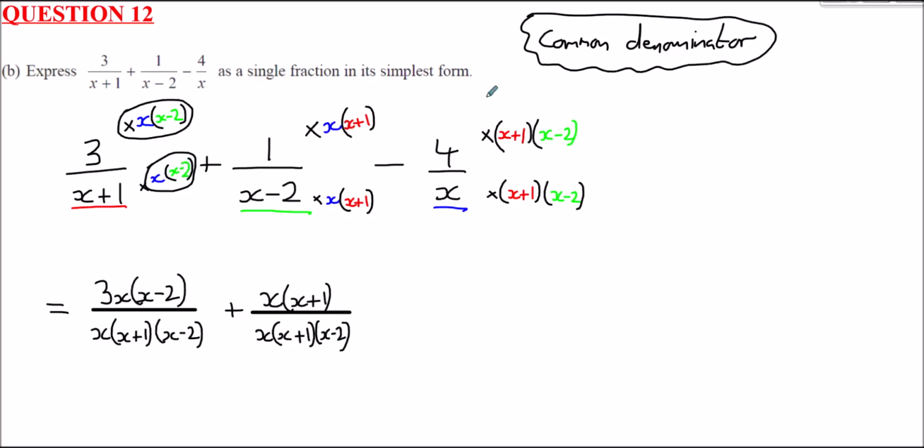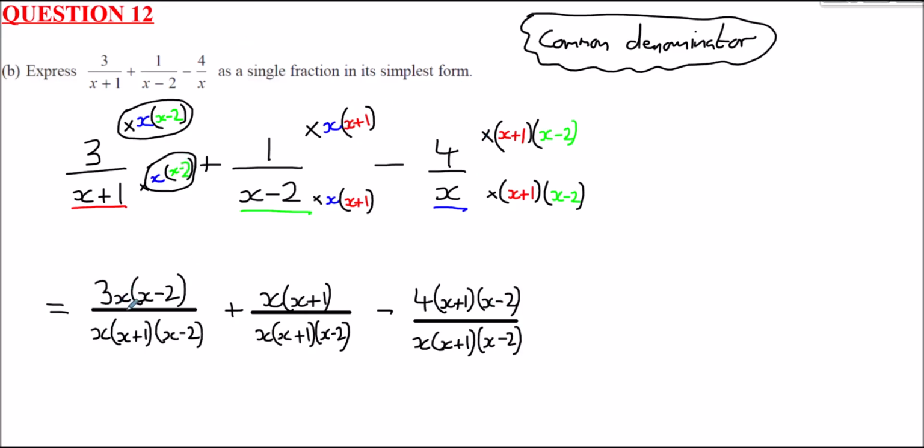And finally, this fraction is going to be minus 4, brackets x plus 1, x minus 2, all over x plus 1, x minus 2.